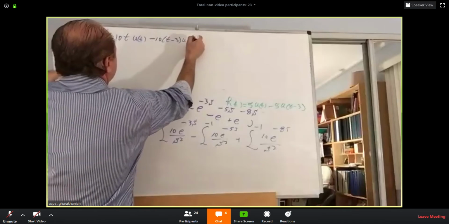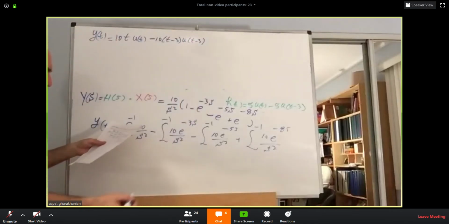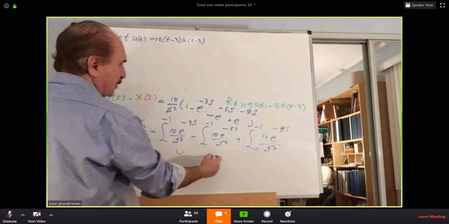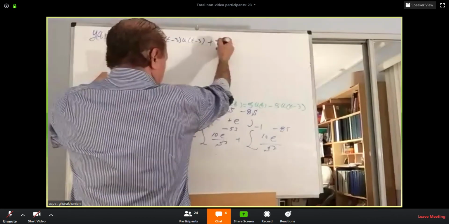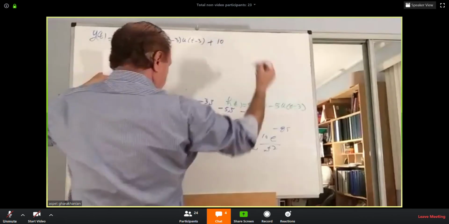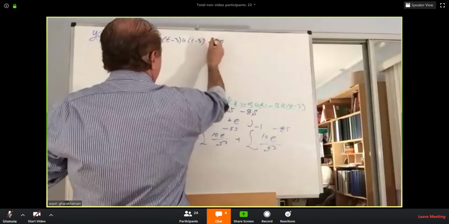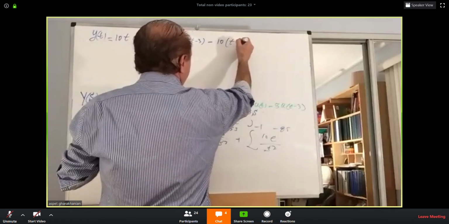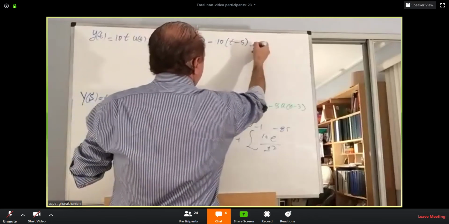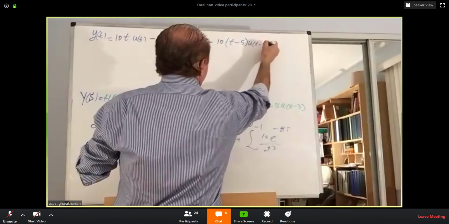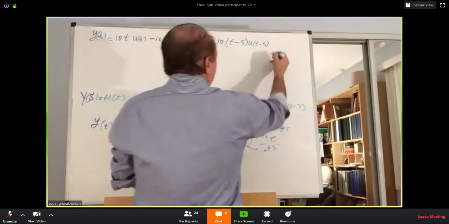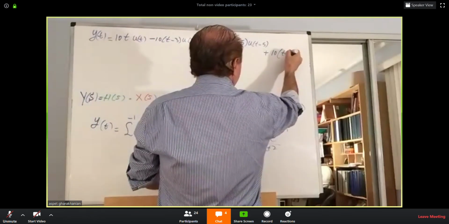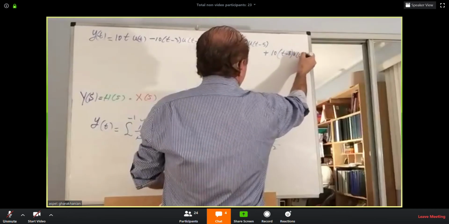All of them come from the shift theorem. Then this one is minus 10(t minus 5)u(t minus 5). And finally, the last one will be plus 10(t minus 8)u(t minus 8).